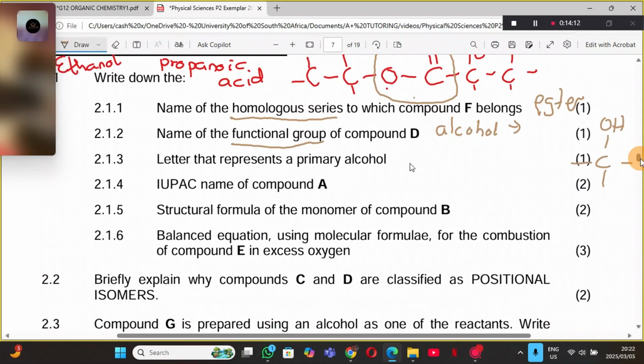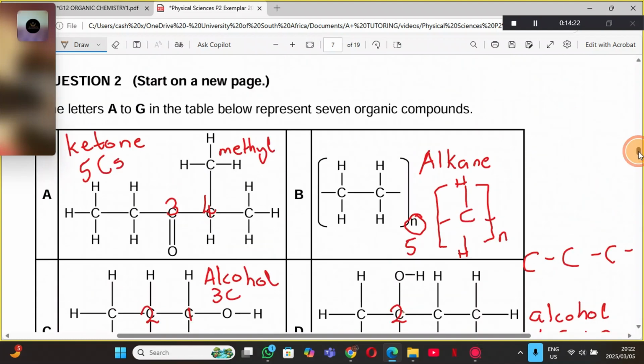So it is C. Okay, now they ask for the IUPAC name of compound A. Now we go back to compound A, right? You see how it made it easy by the fact that we labeled what it is, we labeled our longest chain, and where we have our methyl. So now the IUPAC name is you now naming it.